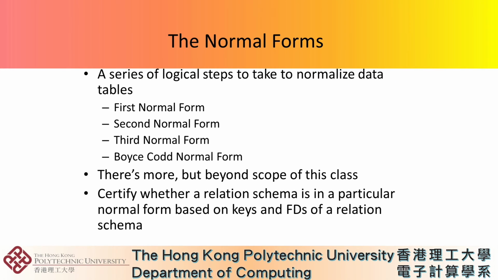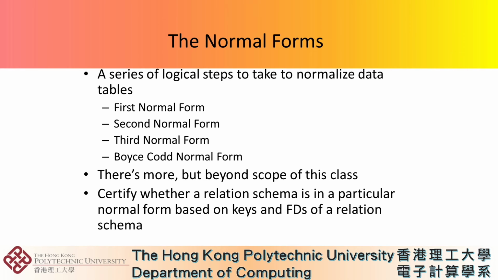The normal forms are a series of logical steps to take to normalize data tables, including first normal form, second normal form, third normal form, and Boyce-Codd normal form. There's more, but beyond the scope of this class.